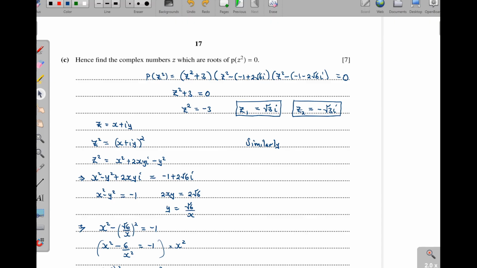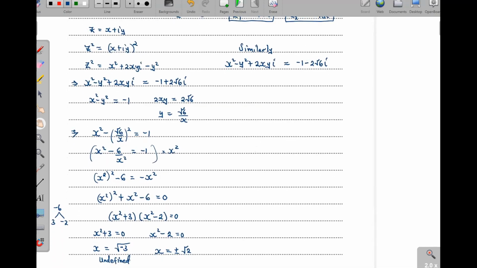I'm going to just copy this here, then put it here, and then where there is a plus here, I put a minus. You see that? Again, we equate this x squared minus y squared is equal to -1. Same equation.